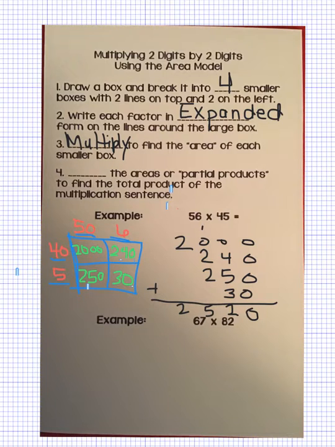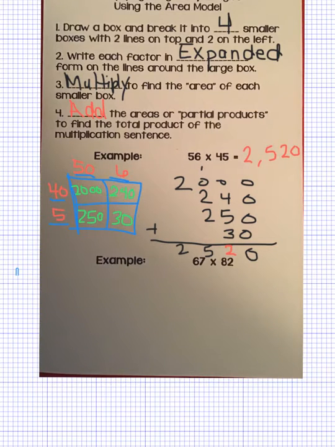So my answer is 2,520. And I need to erase this and make it a 2. That looks better. Don't forget to write the word add up on step 4.